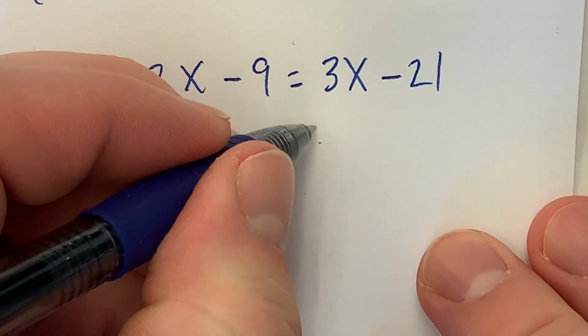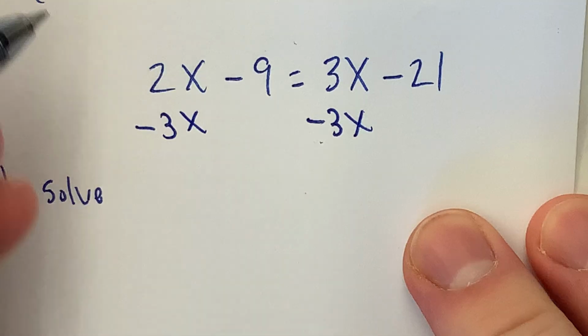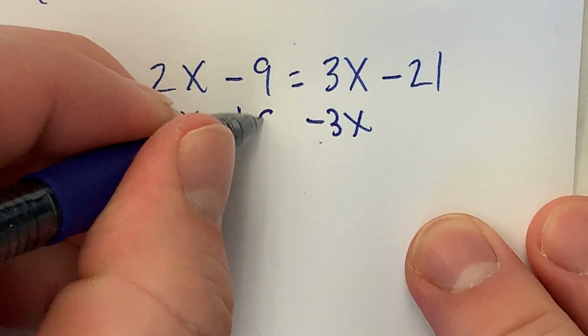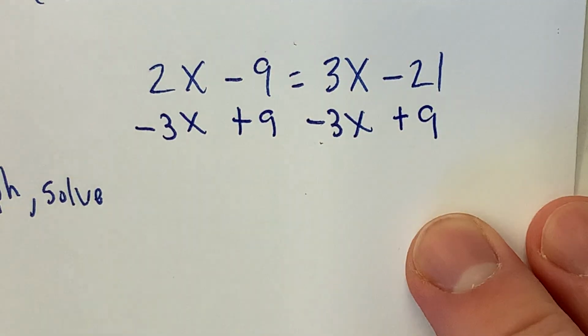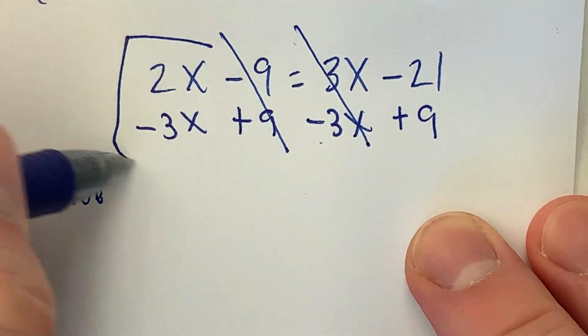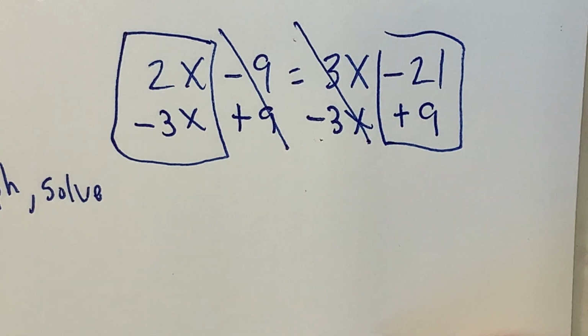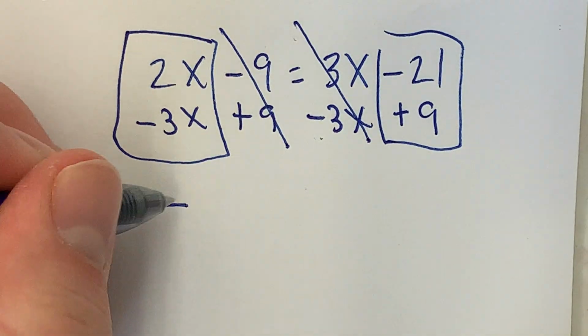The first thing we're going to do is subtract 3x on both sides and add 9 on both sides. So that gets rid of our 3x's, that gets rid of our 9's. We have this problem to solve and this problem to solve. And definitely use a calculator. If you don't have a calculator, grab a calculator, pause it, grab one. This is negative x.